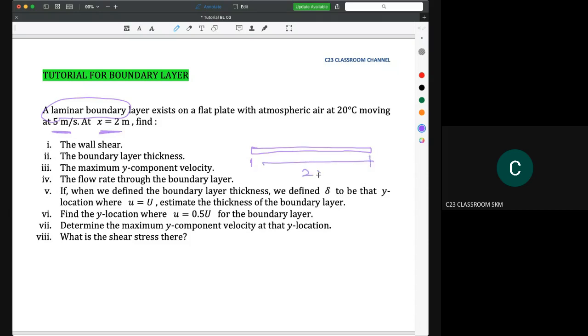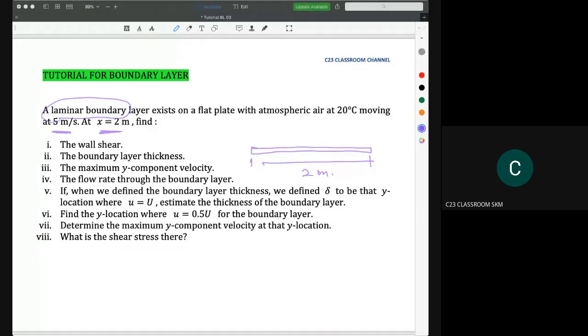That is the very simple imagination of this question. Because it doesn't give us any velocity profile, we need to solve this problem by using the Blasius solution, because Blasius solution is the representative for laminar boundary layer.